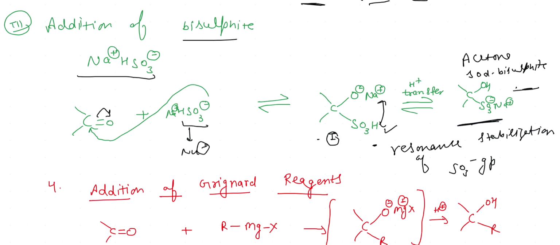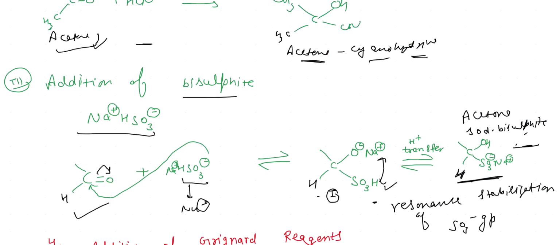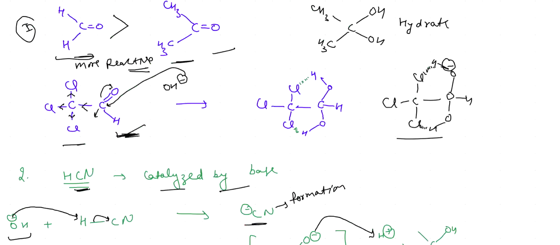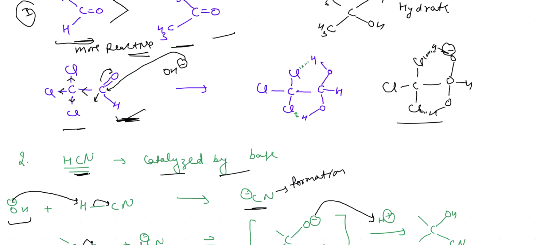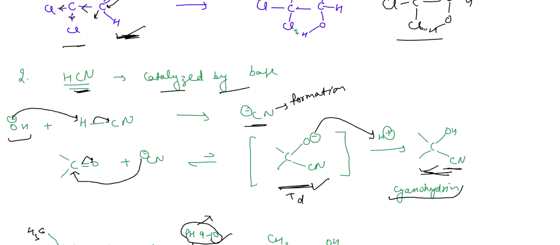If the reactant is acetaldehyde, then the product you will get has hydrogen over here. Then the product is named as acetaldehyde sodium bisulfite addition product. So basically it depends upon the reactant. Yeah. So we have studied three reagents. The first one was water, the second is hydrogen cyanide, and third is sodium bisulfite.